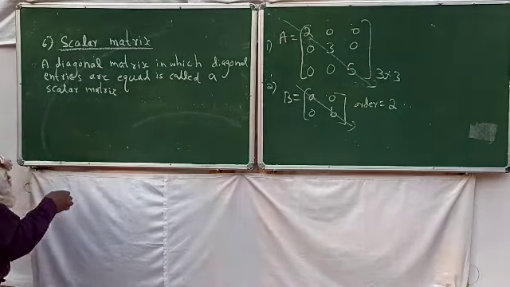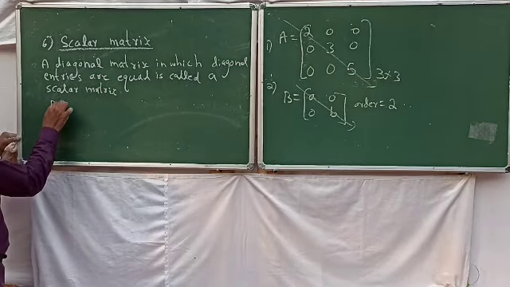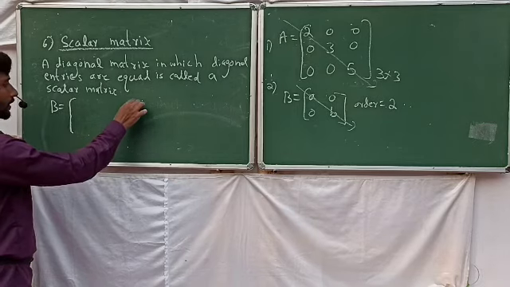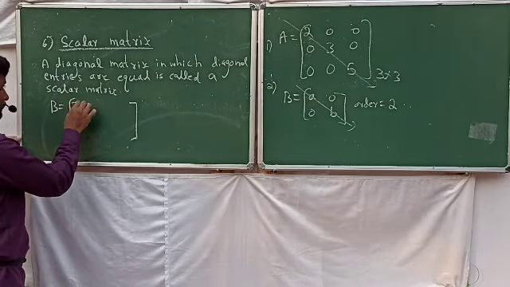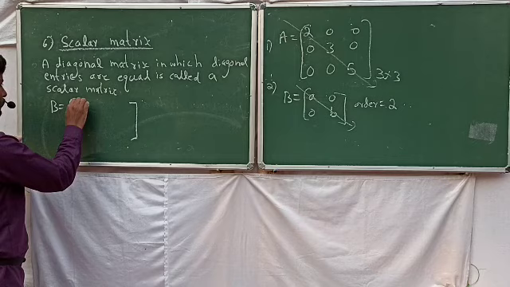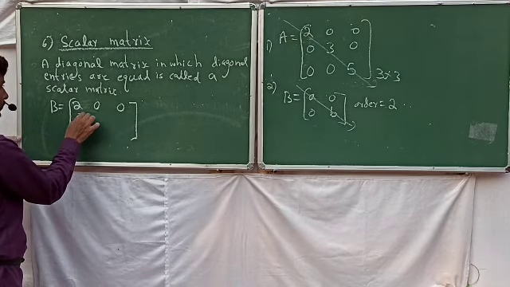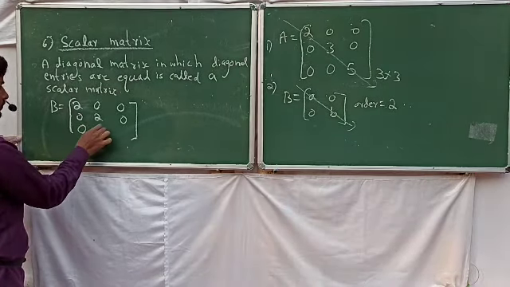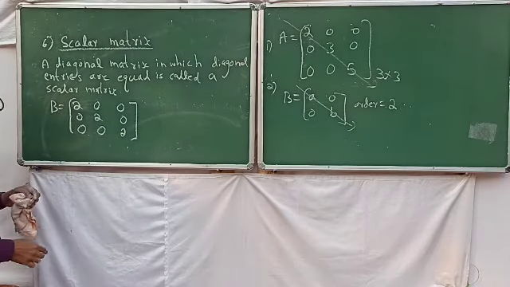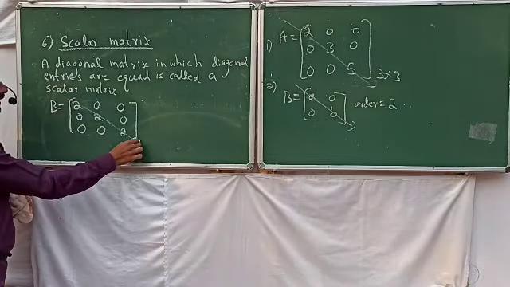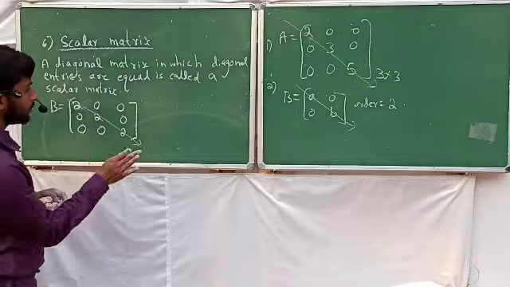Okay. For example, see matrix B is equal to, you need to write a diagonal matrix, 2, 0, 0, 0, 2, 0, 0, 0, 2. Observe this matrix. You can see it has only diagonal entries, so it's a diagonal matrix.